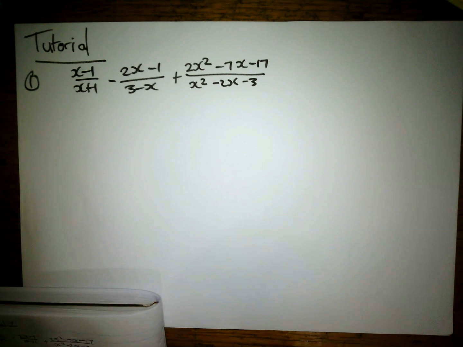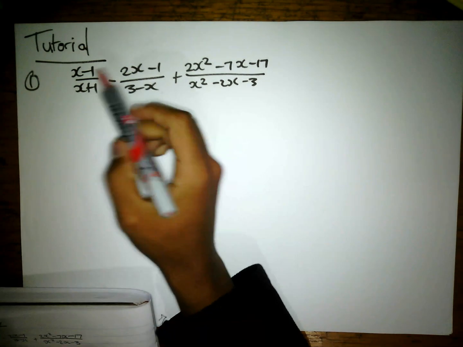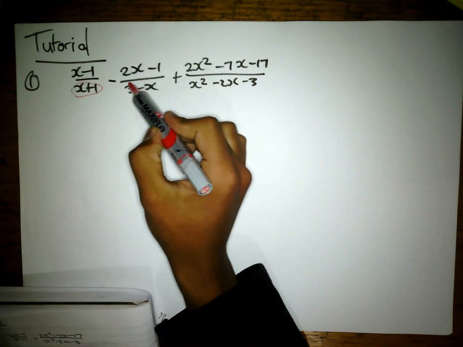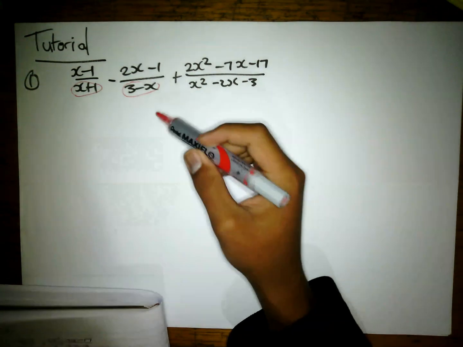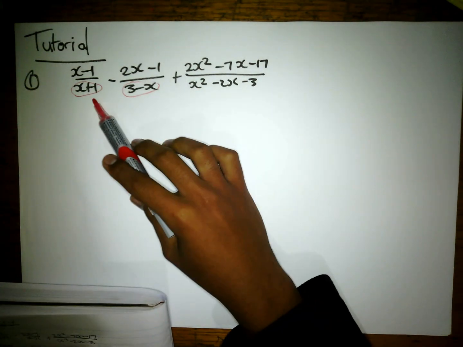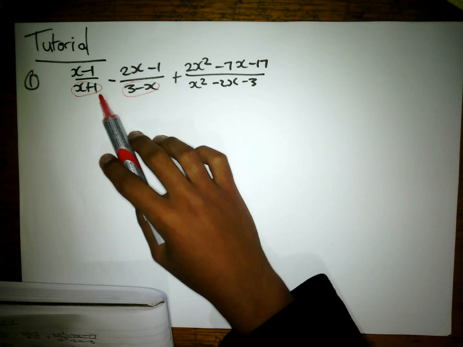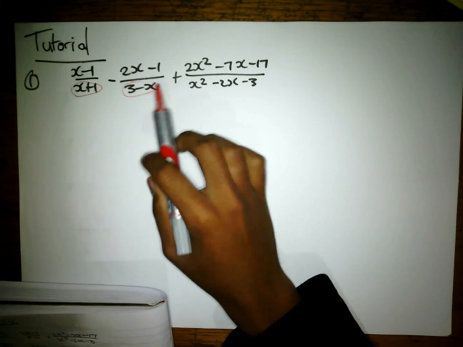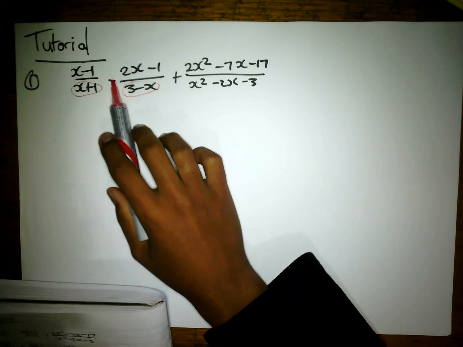I don't know if everyone knows this, but when you get a question like this, there's always a hint inside here somewhere. The hint is usually at the bottom, not normally the one you must factorize, but from the first or second term, or both even: x plus 1 and the 3 minus x. But we don't want the 3 minus x, so we're going to have to do something with the sign to change it.